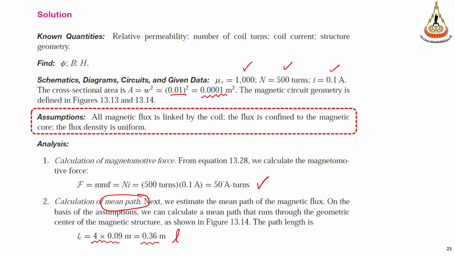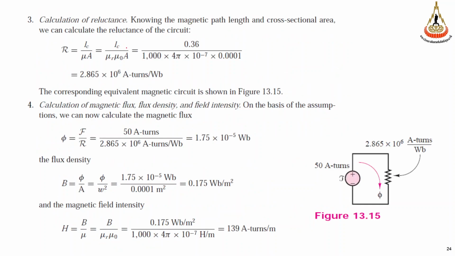The cross section area is the same for all, so we can calculate the reluctance by L divided by mu A. Mu is mu R times mu 0. Mu R we know here. So 0.36 divided by 1000 multiplied by 4 pi 10 to the power minus 7, and this is the cross sectional area.